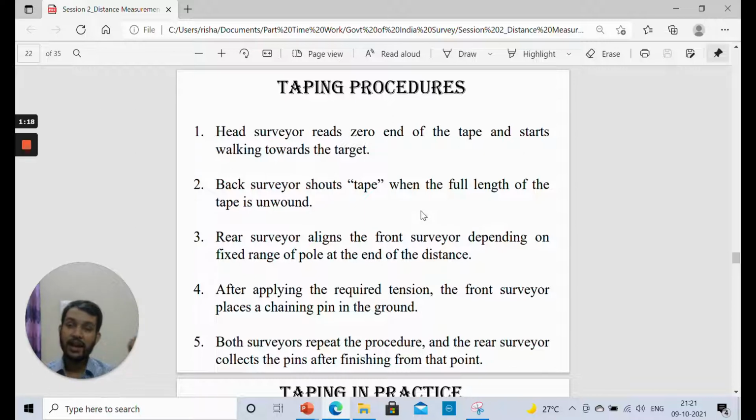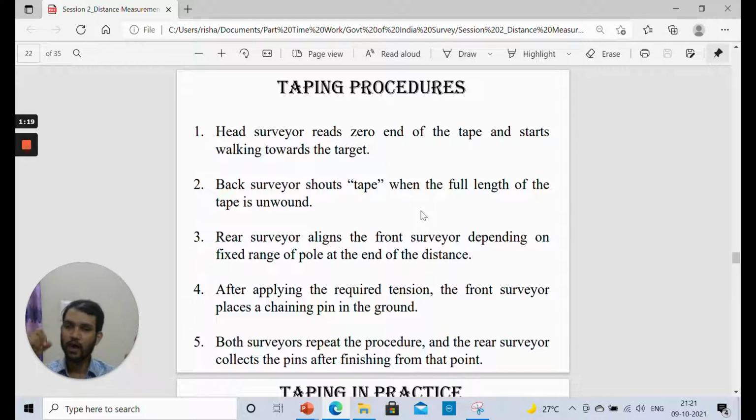Okay, and as soon as he is moving, once the tape is entirely unwound, then the back surveyor who is standing at the initial station point will tell him that the tape has been unwound completely and we have covered one tape length of 50 meters.